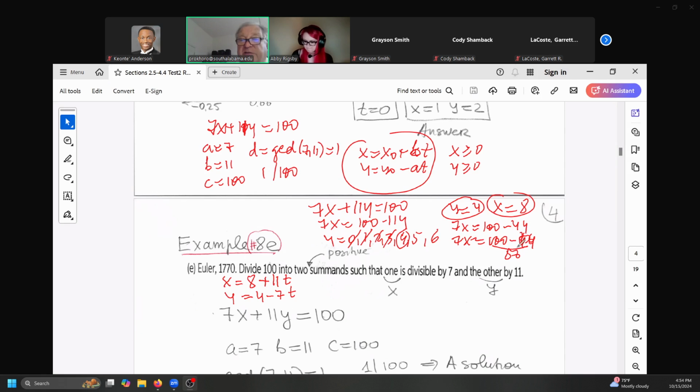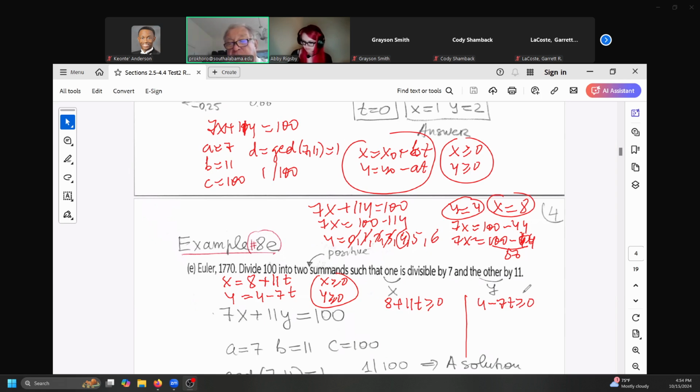But what is required? This is important, and I'll definitely give you something like this when you need to solve inequalities. So what we expect is x greater equals 0, y greater equals 0. This means we get two inequalities: 8 plus 11t greater equals 0, and the second inequality is 4 minus 7t greater equals 0.